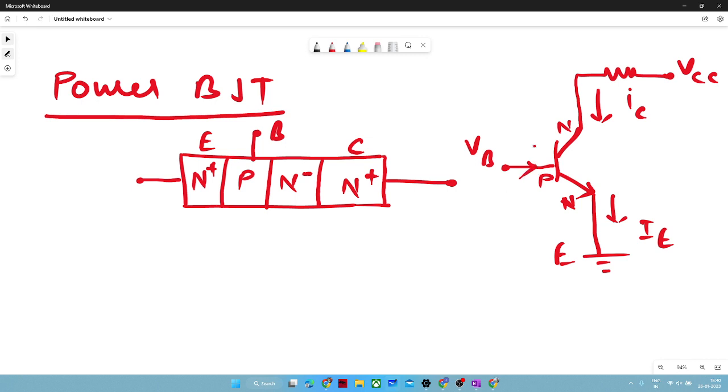If VBE signal is activated, some current will flow, all right, because it is a current controlled device. So if VBE is applied, some current will flow, and that current will be added to the collector current. So that's why IE is known as IC plus IB.